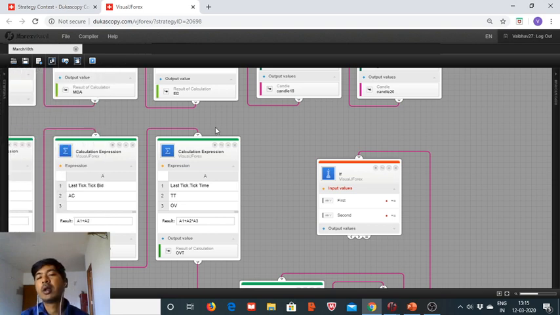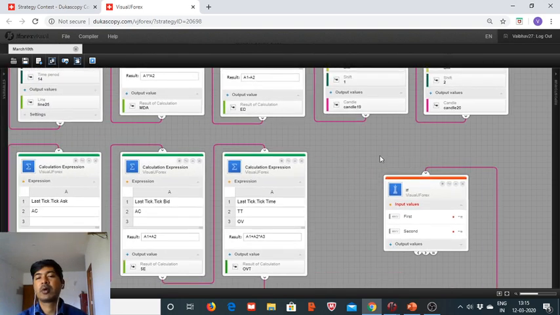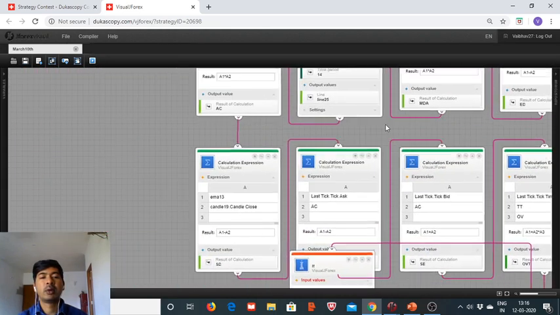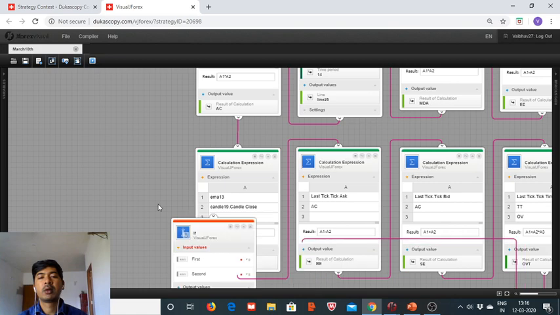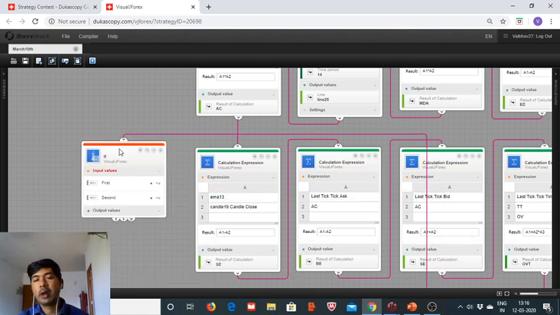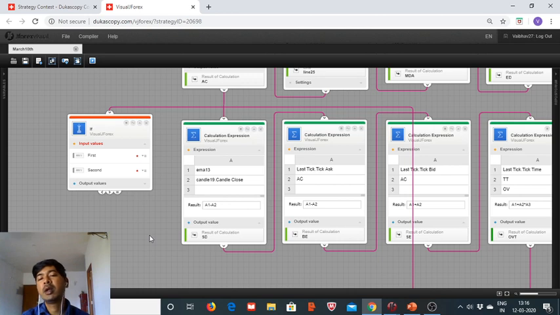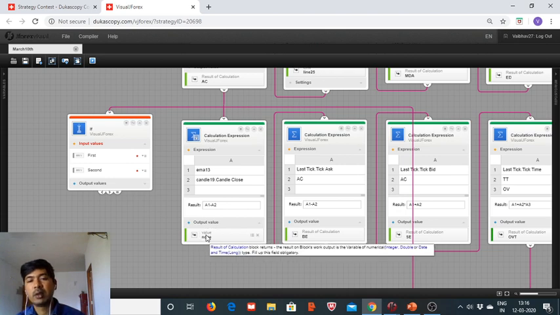We have already done the calculation. I think I forgot. So we go here, and here's the sell difference, where we have deducted the candle closing price from the 10 EMA, and the difference, whatever the difference is, it should be less than the 15 pips.